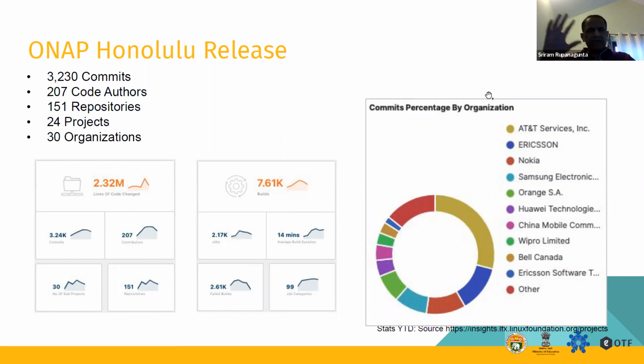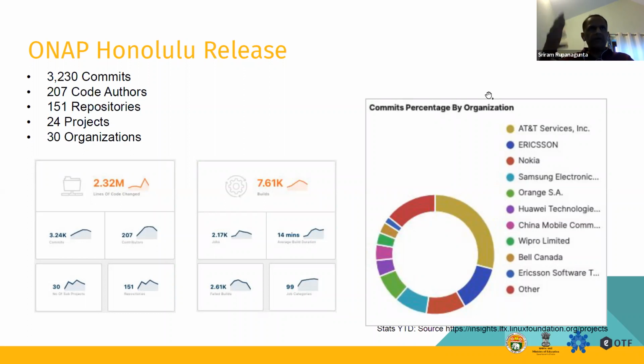Just to give a flavor of who the contributors are and how many commits happen: it's a very, very active project. A lot of contributors, a lot of companies, most of the telcos across the world are part of the ONAP project. They have teams that are contributing at different levels, of course, and in different components.